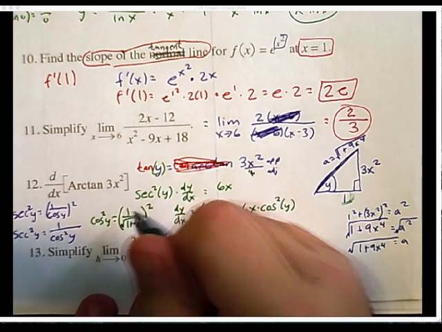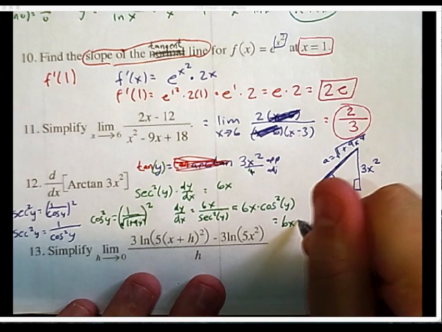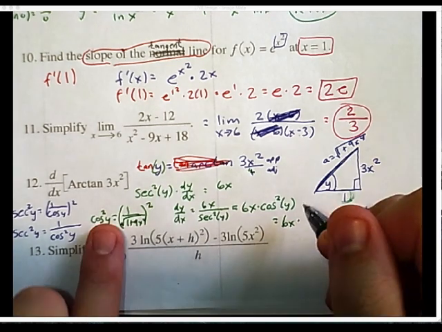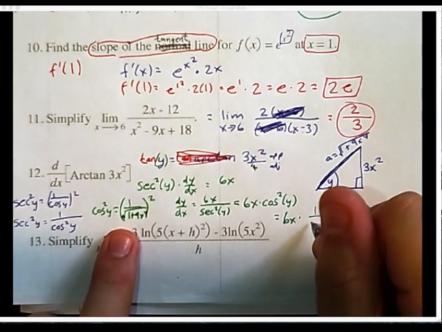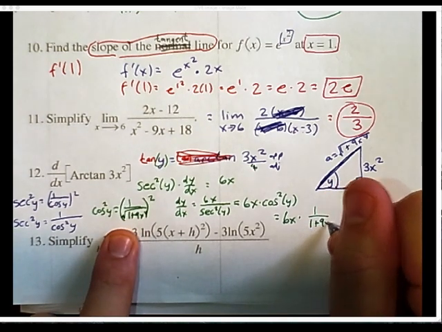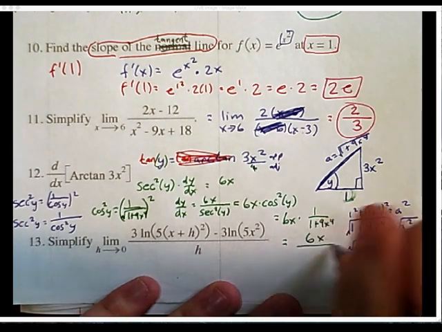So what's that going to be? It's going to be 6x times, if you square this, you would get a 1, and if you square a square root, it's going to knock out the square root. So my final answer here is going to be 6x over 1 plus 9x to the 4th.